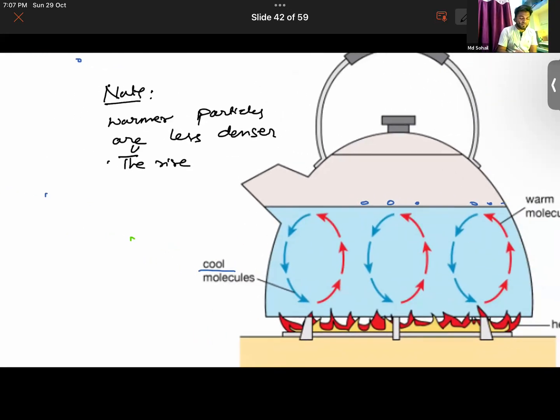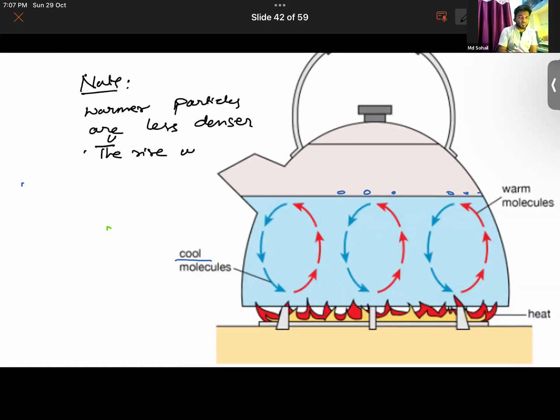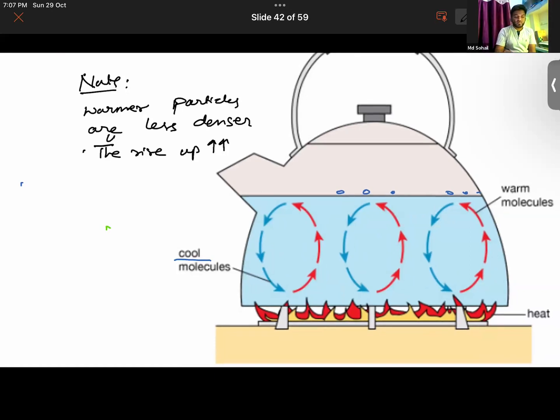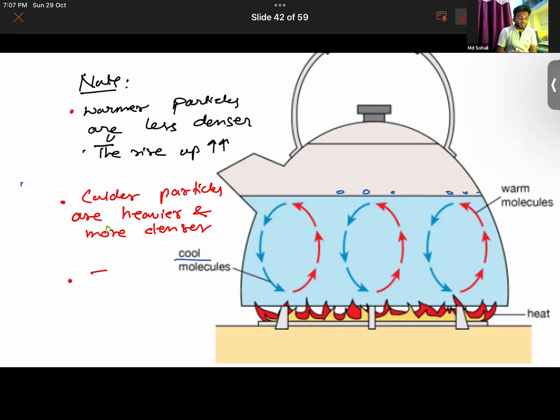Then the second concept you need to take care of is that cooler particles are heavier and more dense, so they fall back.